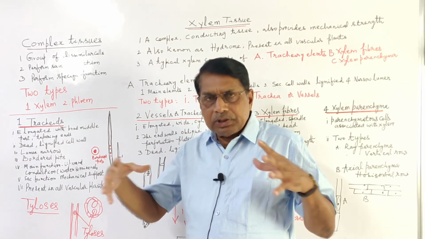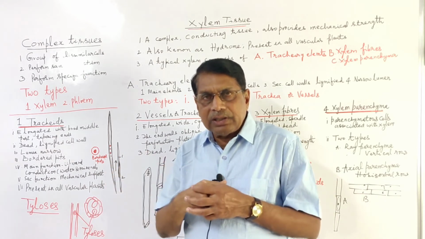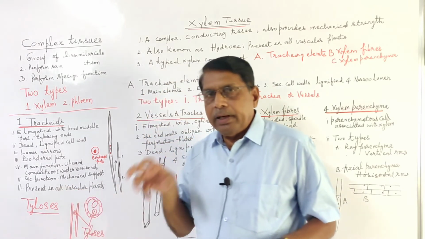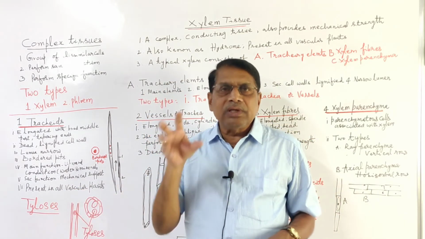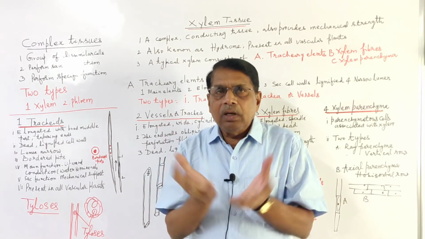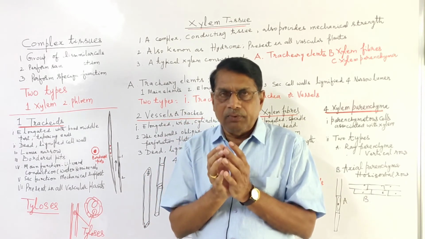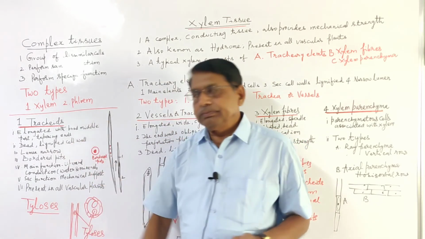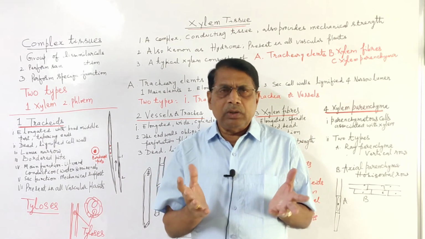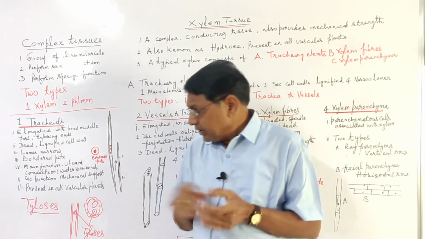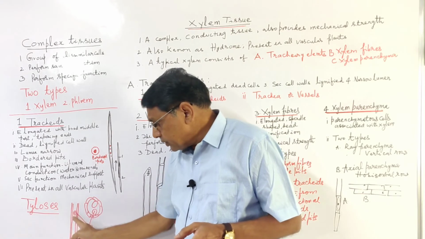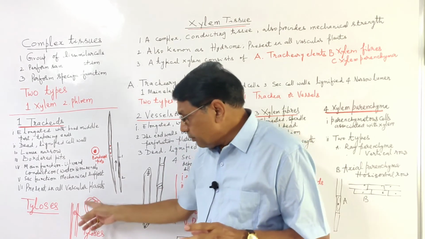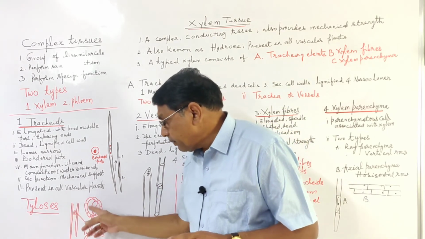Maybe because of the pressure exerted by the adjacent cells, the contents of the parenchyma cells enter into the lumen of the xylem vessels in the form of a balloon. These are called tyloses. Sometimes only one tylosis or many tyloses. These are present in the xylem vessels, but they originate from the neighboring parenchyma cells.